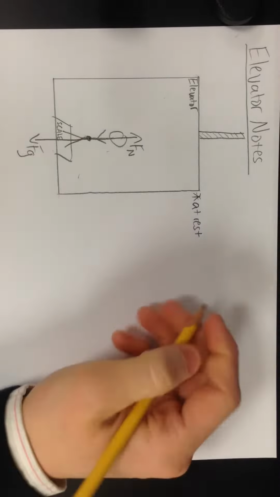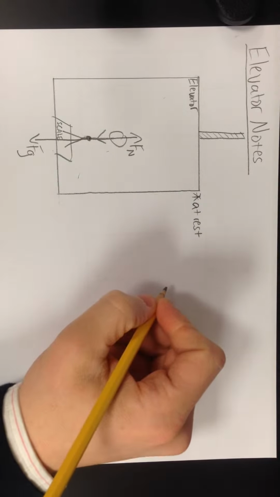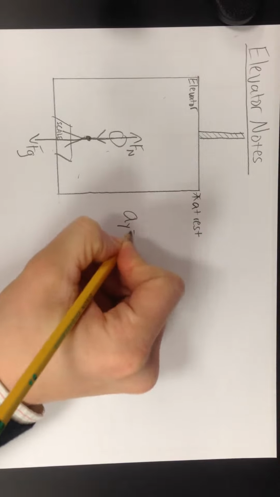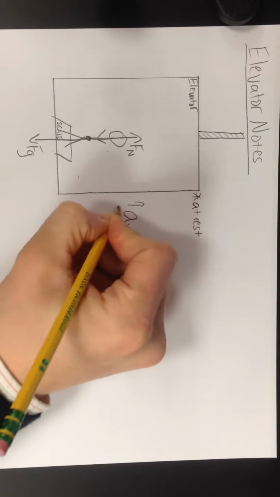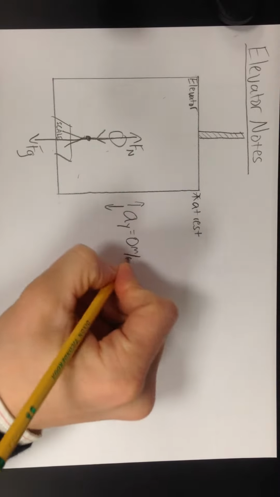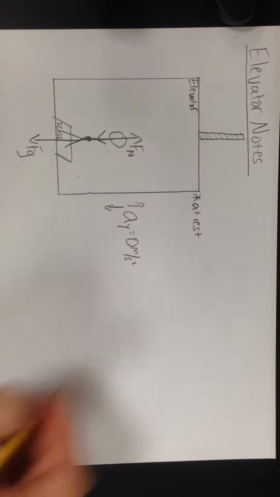So let's prove why they're balanced when the elevator is at rest. When the elevator is at rest, there's no acceleration up or down. There's no a_y. That's 0 meters per second squared, right?